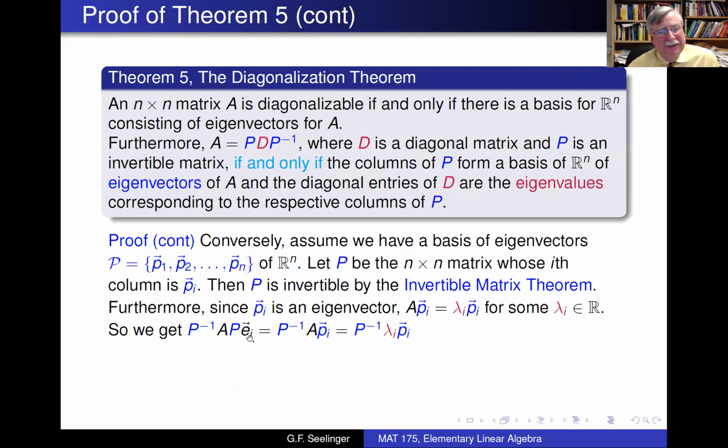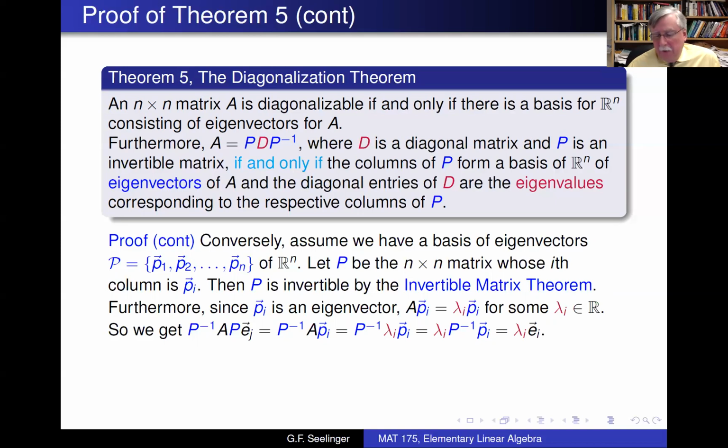Oh, wait a minute. So this should be i, and that should be i, and that should be i. These should be i's all the way through. I'm sorry about that. And we bring the scalar out front. P inverse of pi is going to be lambda i ei.